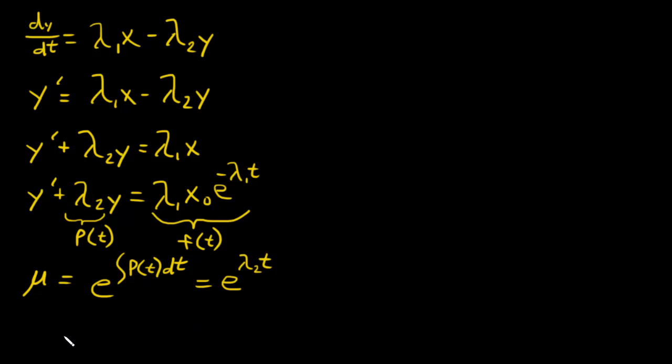Alrighty, so now that I have that, I can actually solve for it. So to solve for it, I'm going to put it into the form y equals 1 over mu, which is 1 over e to the lambda 2 t, okay?